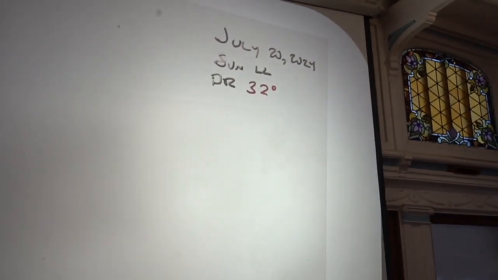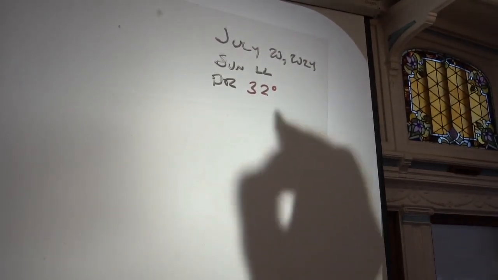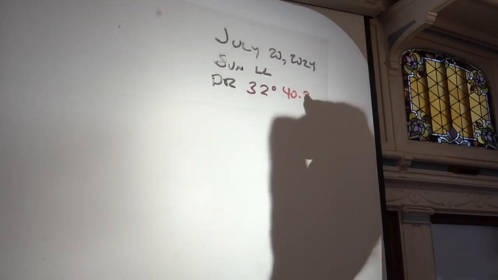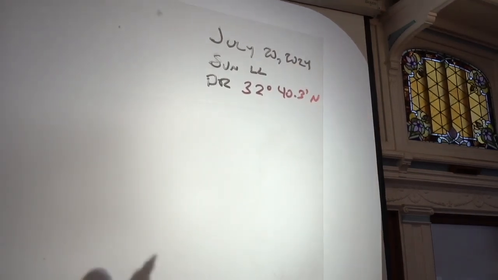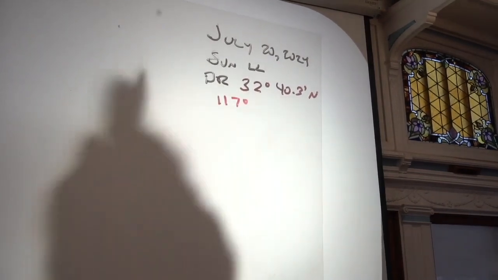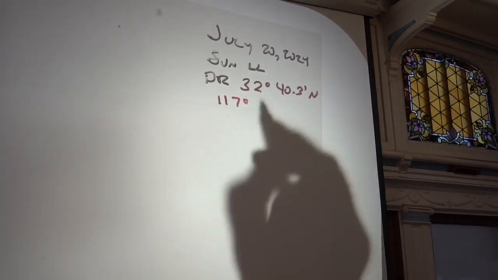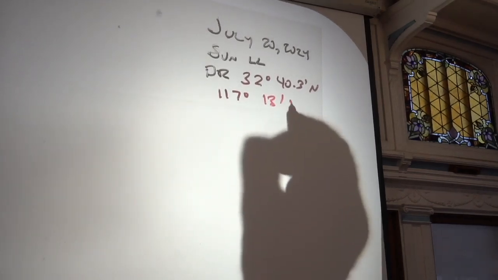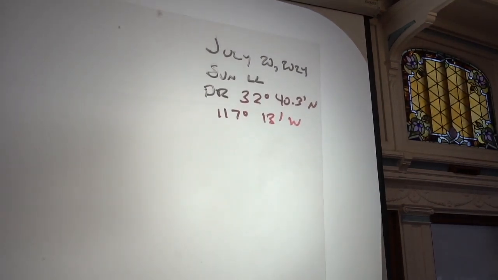Our DR position is 32 degrees, 40.3 minutes north, 117 degrees, 13 minutes west.